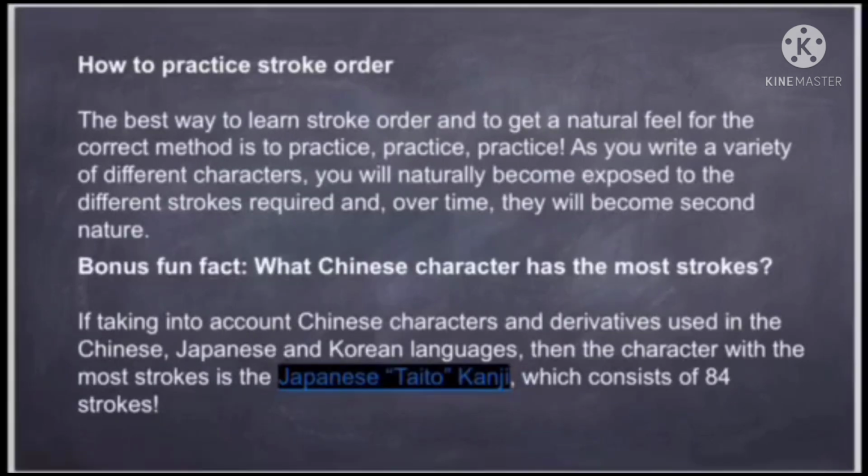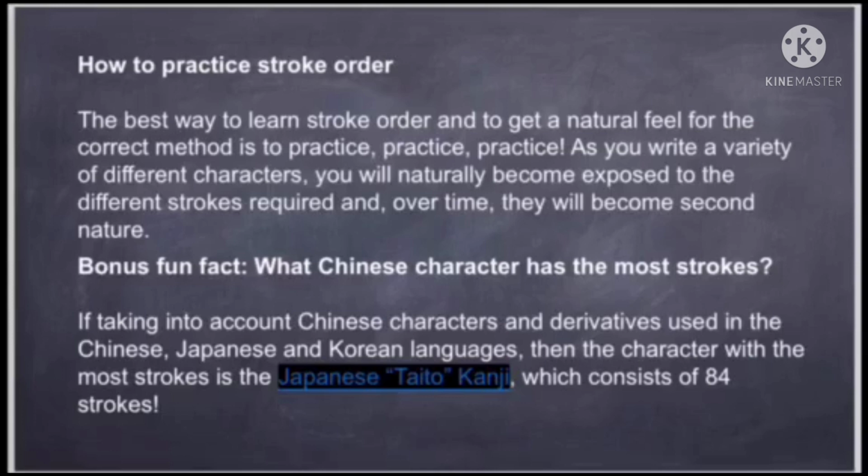How to practice stroke order? The best way to learn stroke order and to get a natural feel for the correct method is to practice. As you write a variety of different characters, you will naturally become exposed to the different strokes required, and over time, they will become second nature.